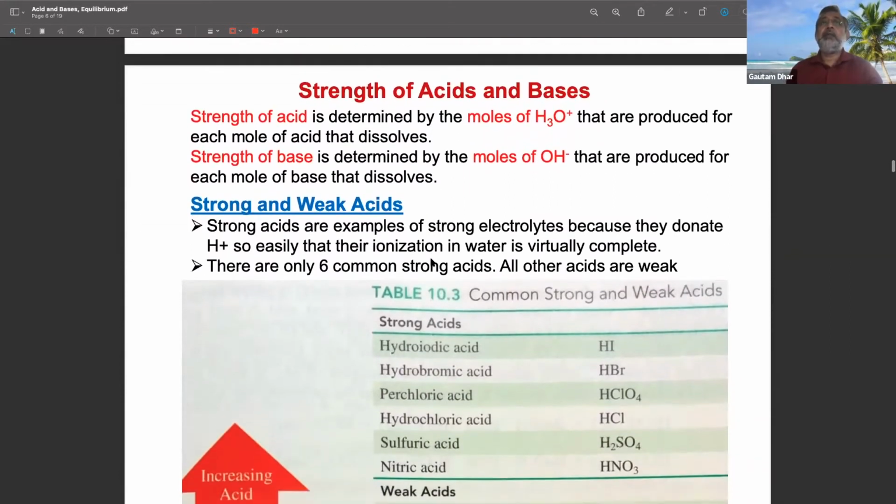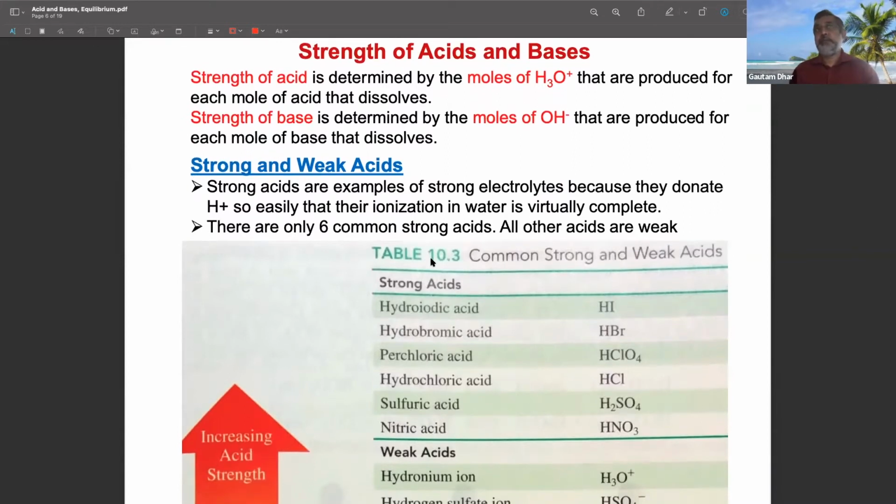Now, strength of acids and bases. We can always use molarity as a concentration, but the strength of an acid is determined by the moles of H3O+ produced, not by how much you dissolve, but by how much H3O+ is produced for each mole of the acid. We might dissolve a lot of acid, but if it's not producing a lot of H+, then it's a weak acid, like acetic acid.